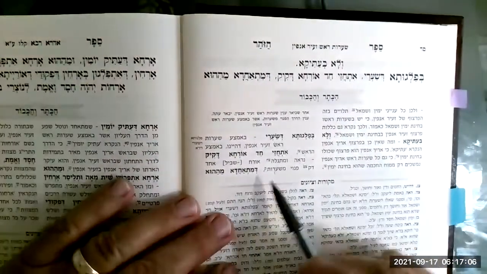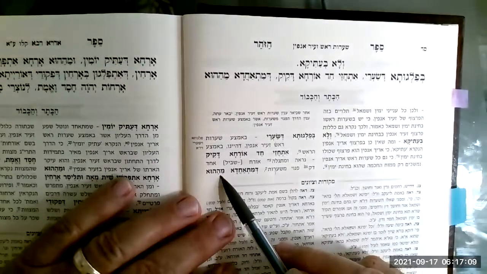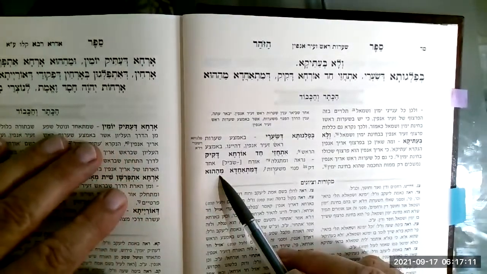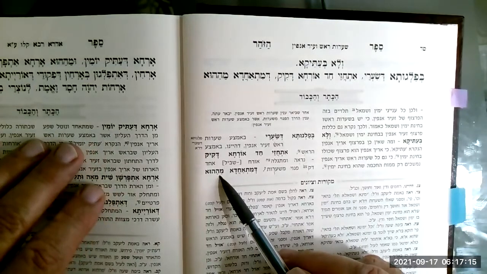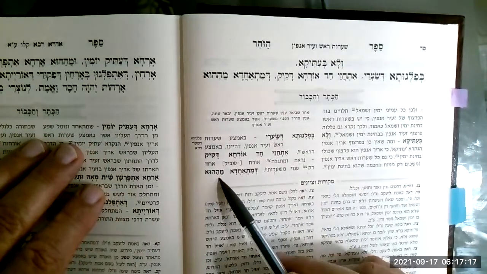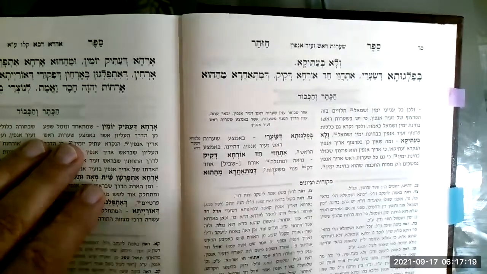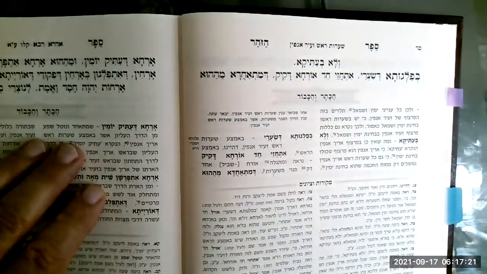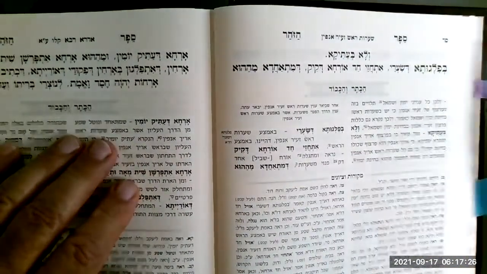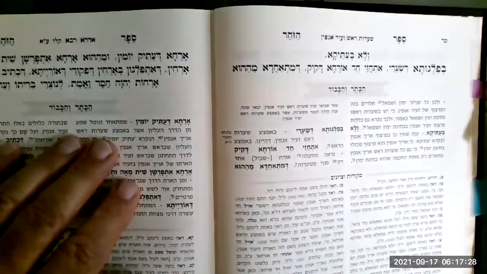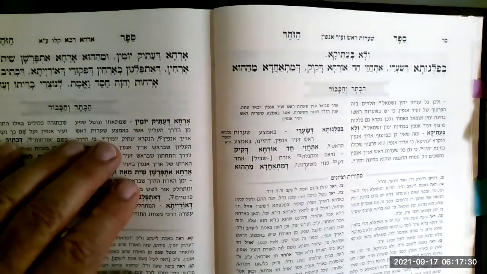Let me move this around. I read that wrong. He says that this middle spot in the skull of Zair Anpin joins together with the flow that's coming from the path of Atik Yamin.